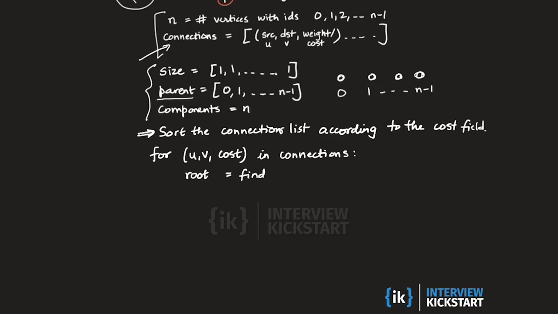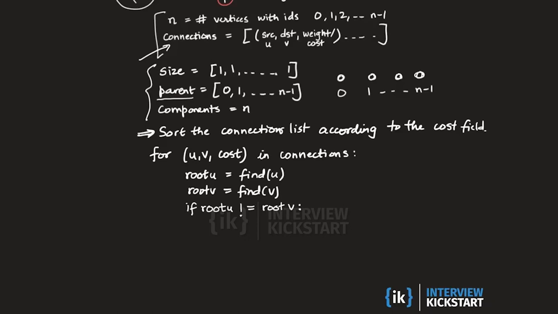We will find the leader of u, we will find the leader of v, and then only if the two are not the same, if root u is not the same as root v, which means they belong to different connected components, only then will we unify them. And what does it mean to unify them?